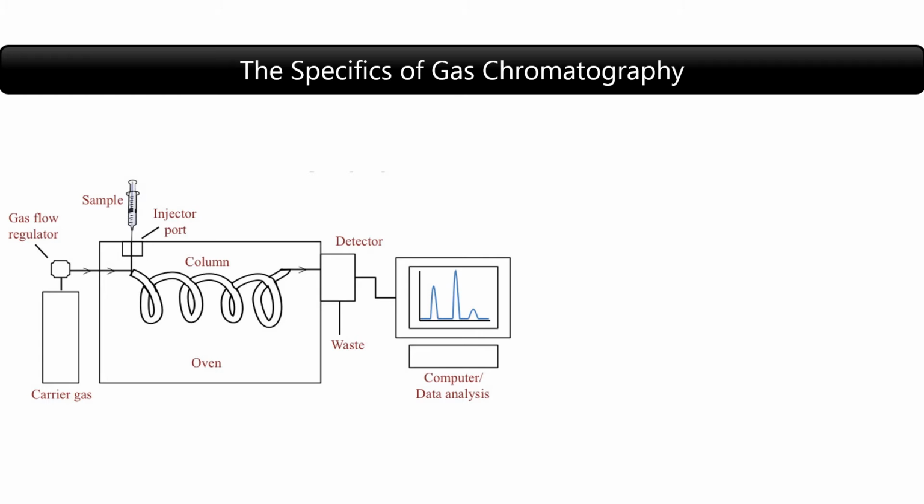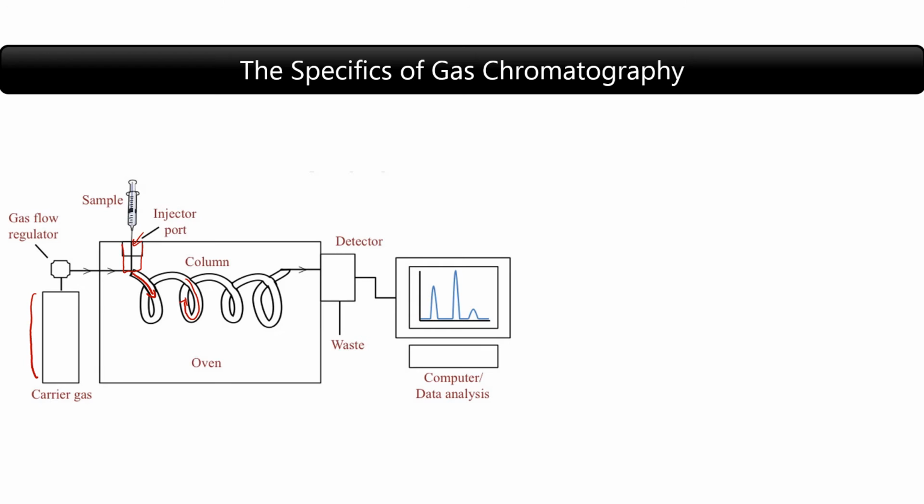So first we have a gas tank that contains the carrier gas, and this gas is inserted into the machine at a certain pressure, and in a mixing chamber the gas gets mixed with our sample, which is injected through a syringe through this injector port, and the oven in the gas chromatogram heats this mixture, converts it into vapor, and that vapor is pushed at a high pressure through this column.